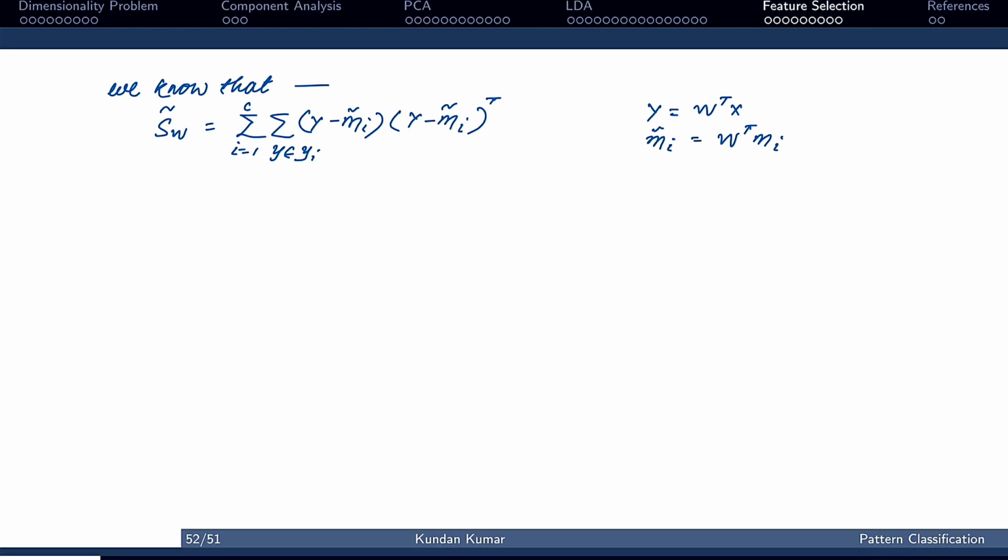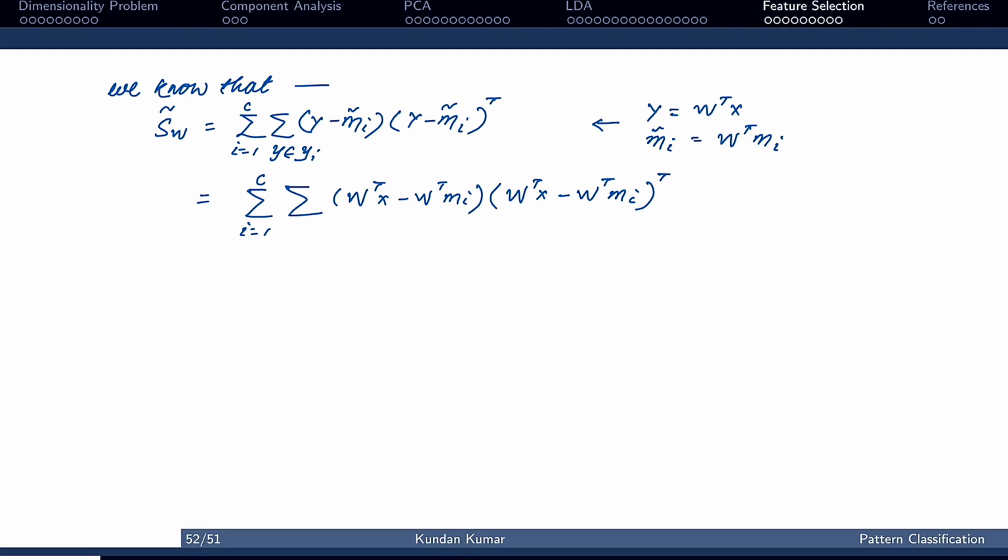Put this in, so it will become (W transpose X minus W transpose Mi) times (W transpose X minus W transpose Mi) transpose.